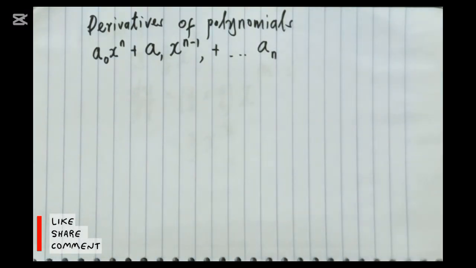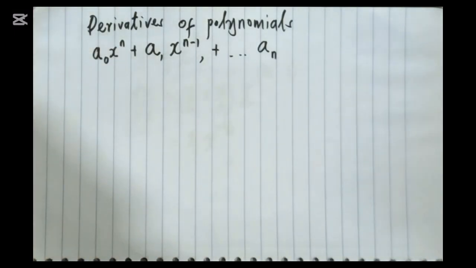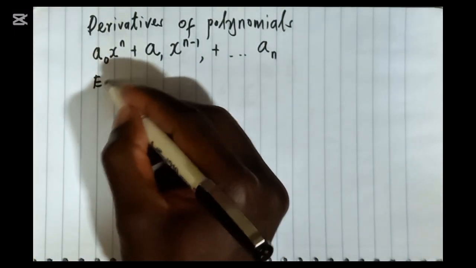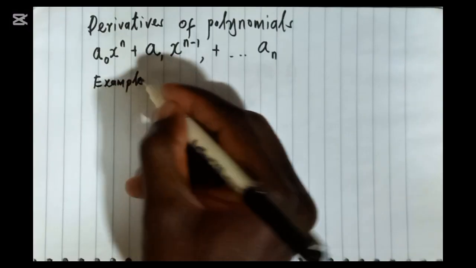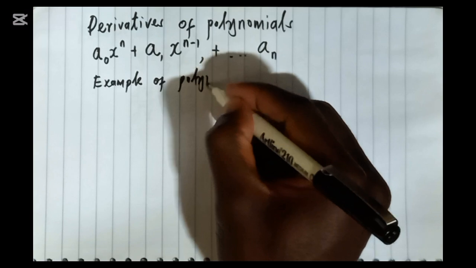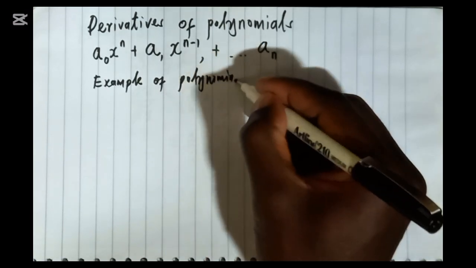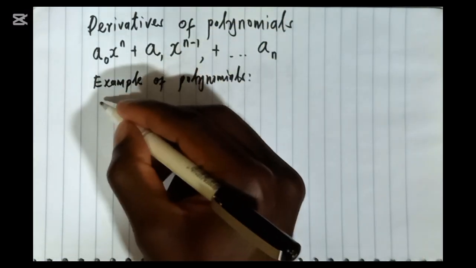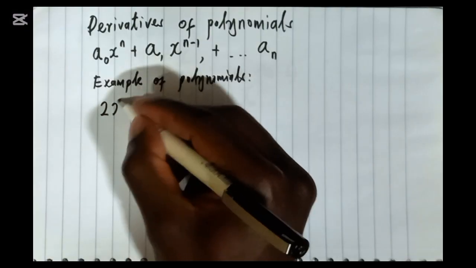When I talk of this particular form of expression, it becomes very difficult to understand unless I give an example. Maybe if I give an example of a polynomial, then it becomes easy to relate to it. So let me give a polynomial of order 3. I'm going to give 2x cubed.